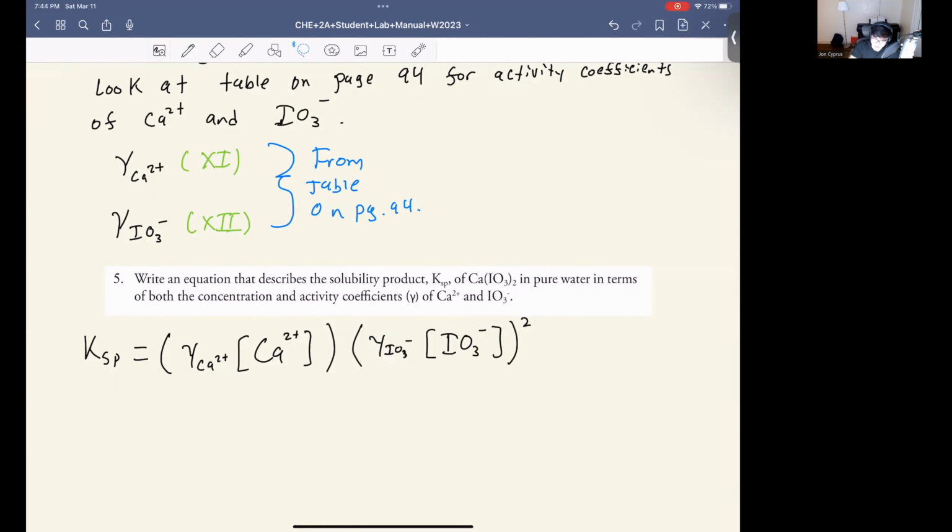So it applies to the iodate concentration as well as the activity coefficient. So you're going to get the activity coefficient, calcium, times the concentration of calcium, which we usually denote as X, right, from the previous ones, times the activity coefficient of iodate squared, times the concentration of iodate squared.